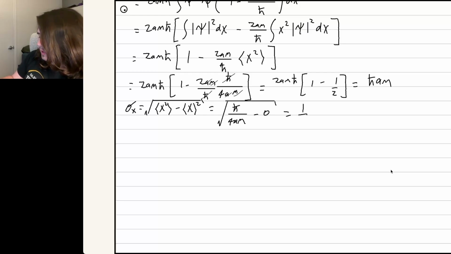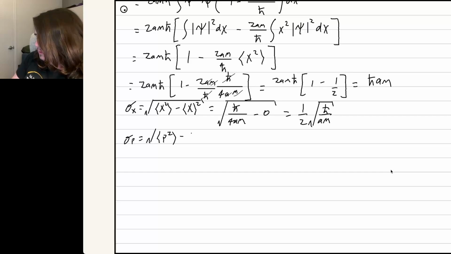So it's just 1/2 root h bar over am. Sigma p, being p squared minus the expectation of p squared, is h bar am minus 0. So it's just the square root of h bar am.